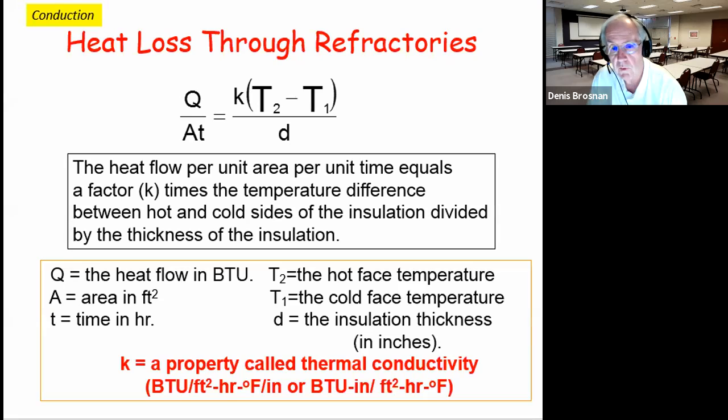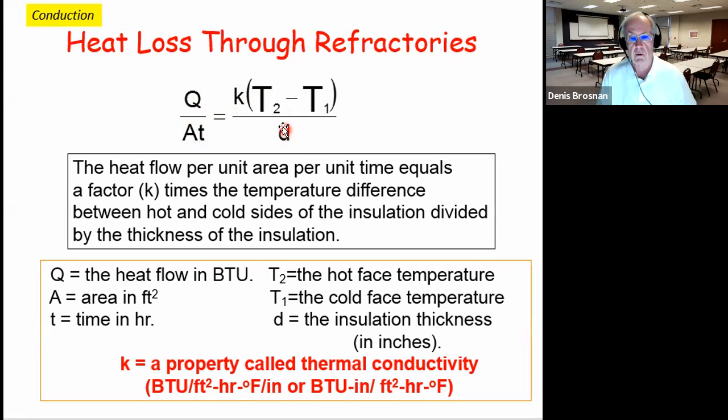Well, the heat loss through refractories, in macroscopic form, is the Q over area. Remember, we had area over here before, we took it down here. Q over area times time would be BTUs per square foot per hour in our inch-pound system of units, equal to the constant K times the high temperature minus the low temperature over the distance the heat travels.